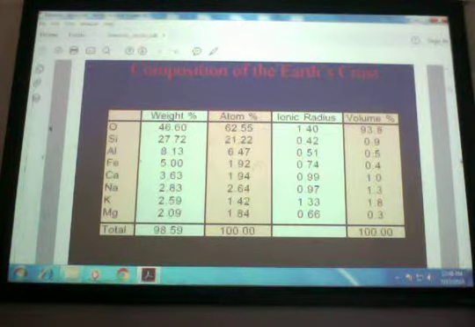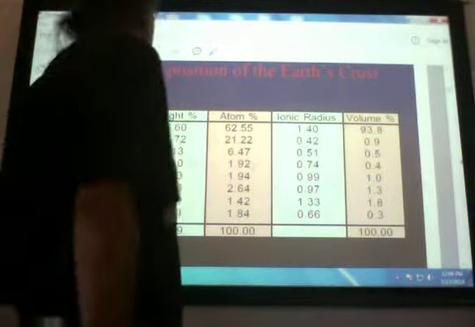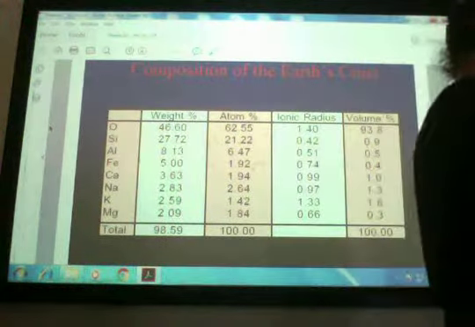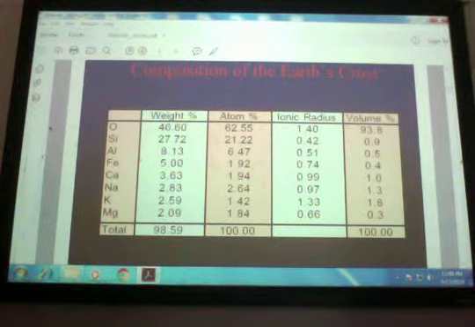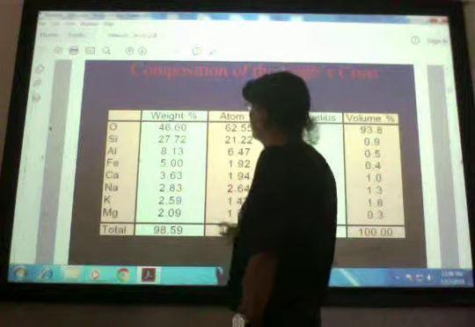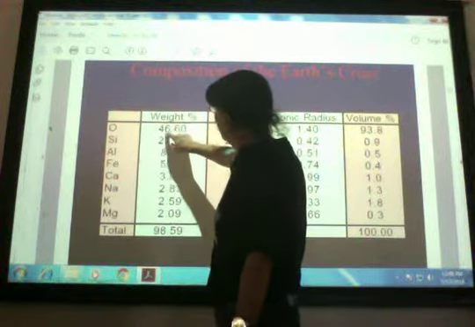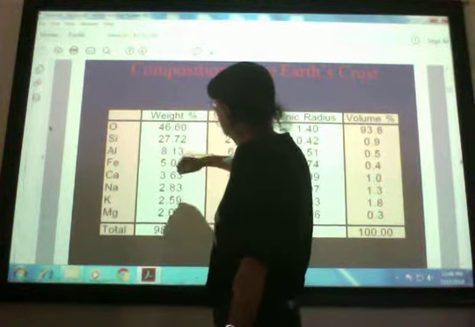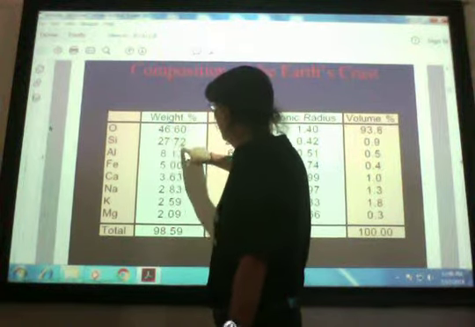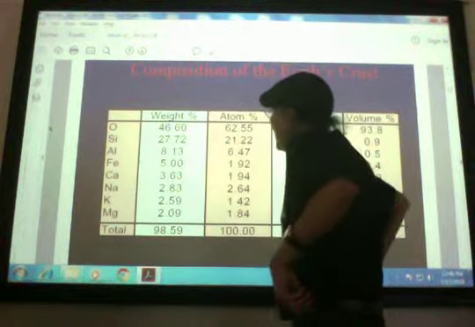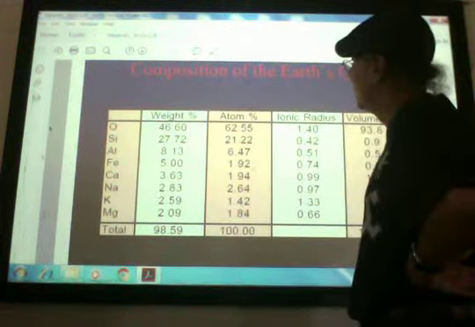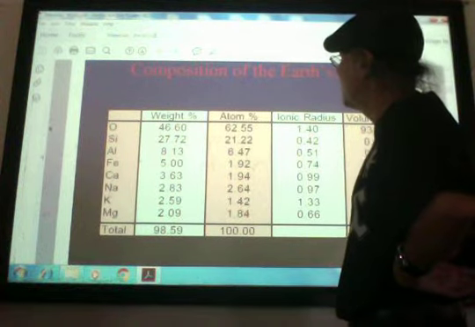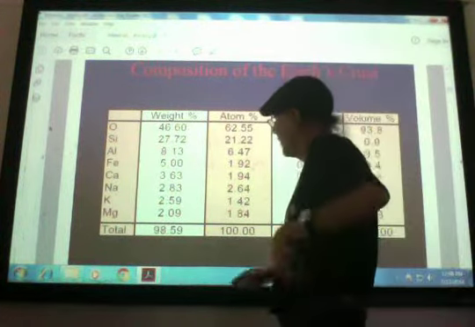Now we have a table which tells us something about the composition of the Earth's crust. Here we have in weight percent 46.60 percent oxygen, then about 28 percent silica, and some aluminium, iron, calcium, sodium, potassium, magnesium.